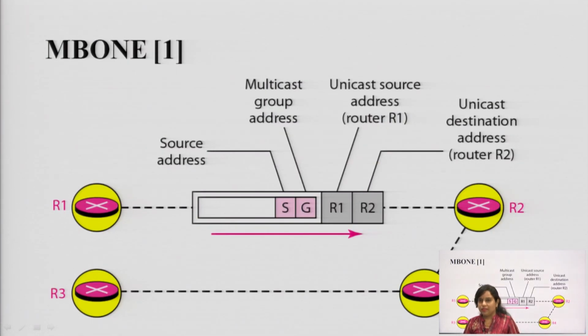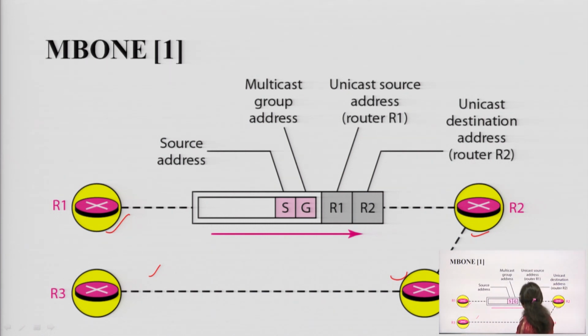Now, next one is the M-bone. M-bone is a kind of network which has been established. This is a network which has to be followed, like these are the different routers, this is the first router, this is the second router, this is the third router, and this is the fourth router. So, these 4 routers follow this kind of network, which is known as M-bone.